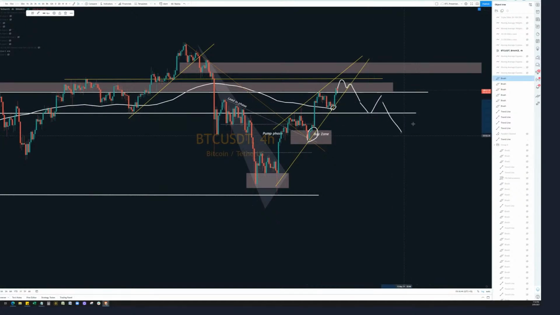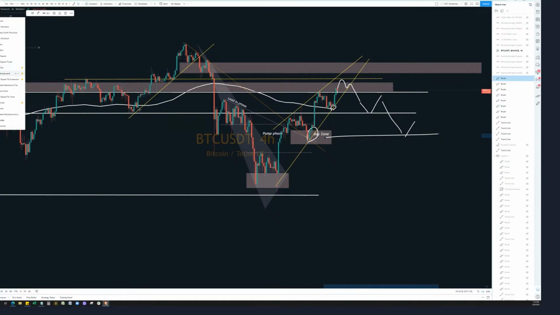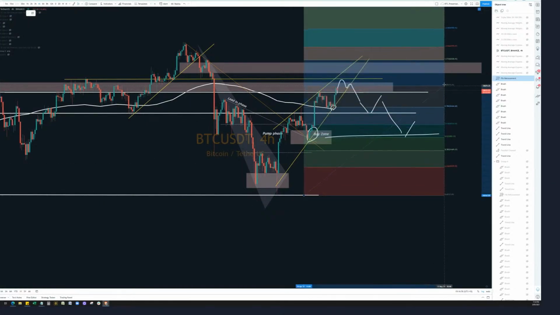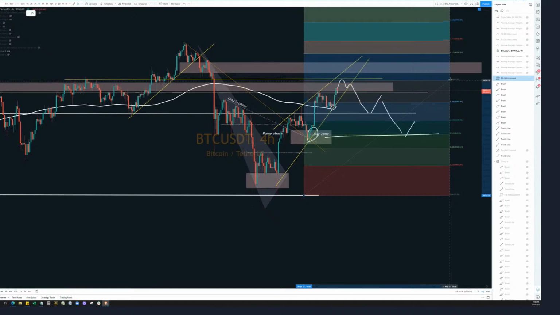Potentially, we might find support here, so what we do then, using Fibonacci, look for support. So if that was the level right at the top there, my 0.5 potentially could be support, or the 0.618. So I do expect a rejection, like I said, and potentially I'll pull back.